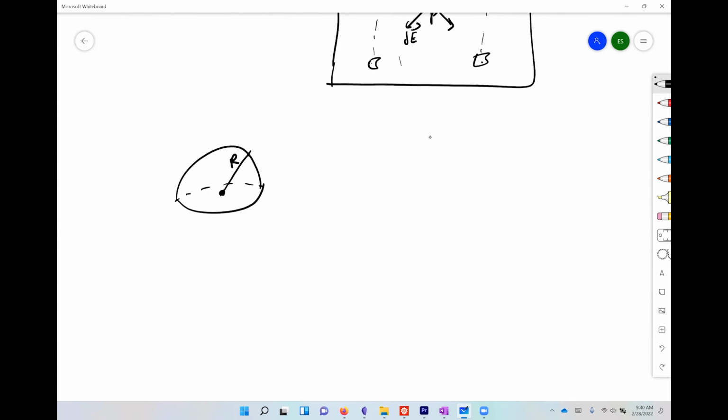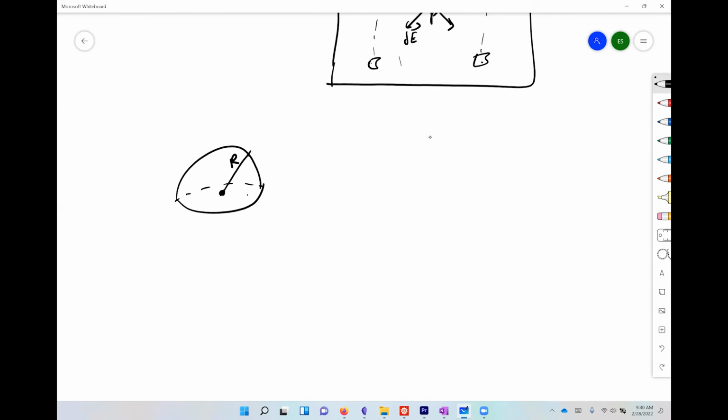Okay. So I can use cylindrical or spherical. Yeah, cylindrical is better actually. No, spherical is better, because the surface itself we're integrating over has spherical symmetry.